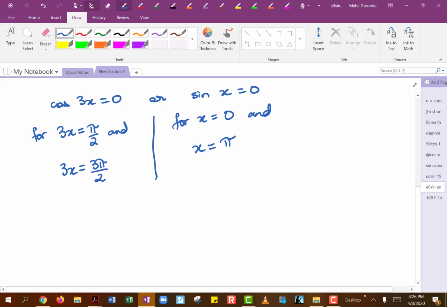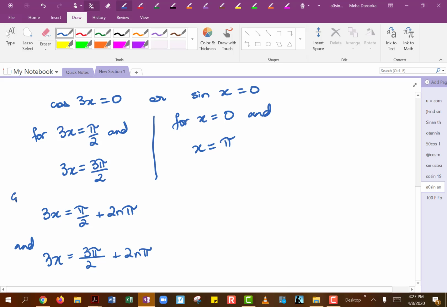Now they're asking us to solve this equation in general terms, which means we are not doing this just for the interval 0 to 2 pi. That means each one of these answers has to have 2n pi added to it, because that's the period for the sine and cosine functions. So that would be 3x equals pi halves plus 2n pi, and 3x equals 3 pi halves plus 2n pi.